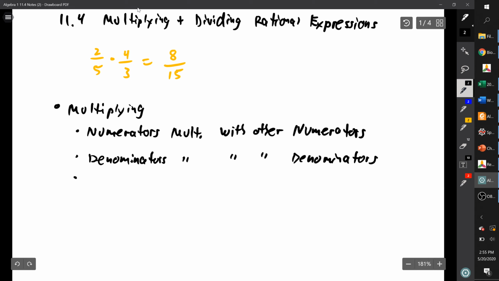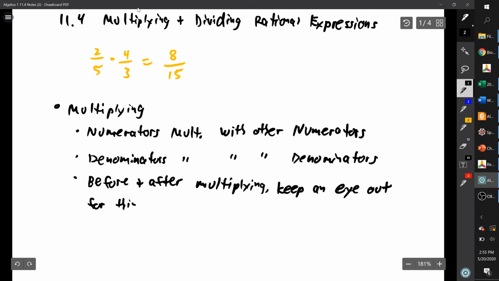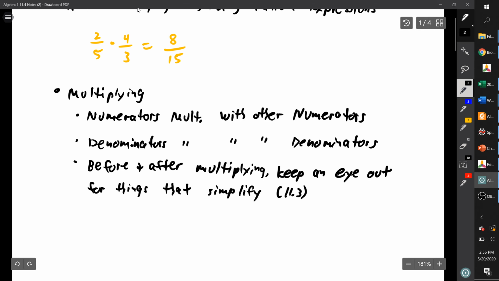And then before and after multiplying, keep an eye out for things that simplify. And that's simplifying like lesson 11.3 kind of stuff.